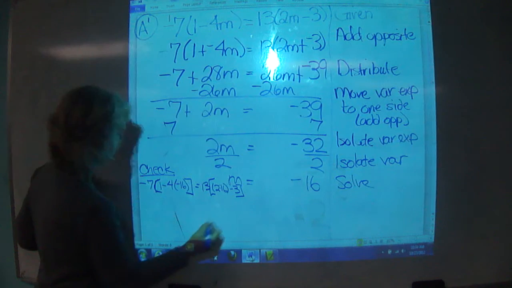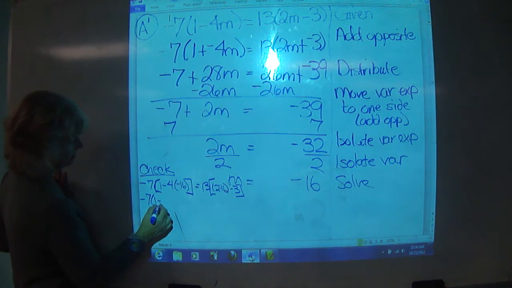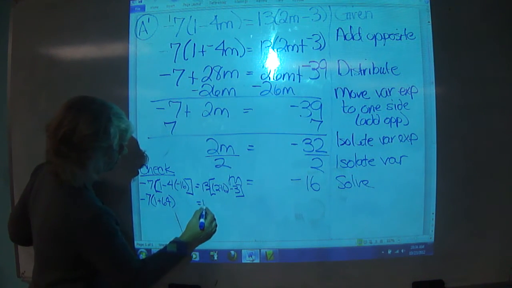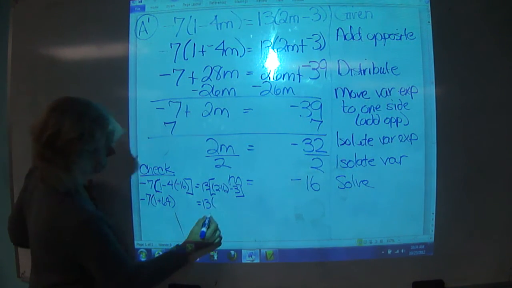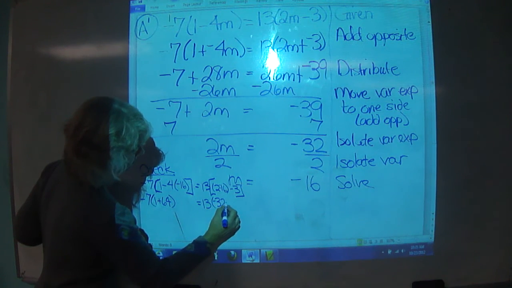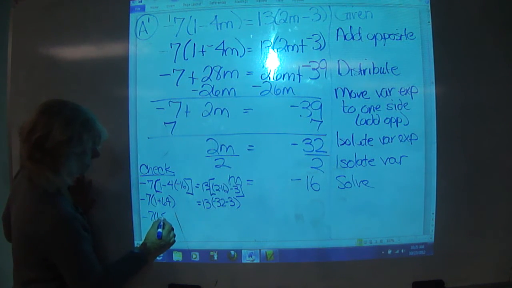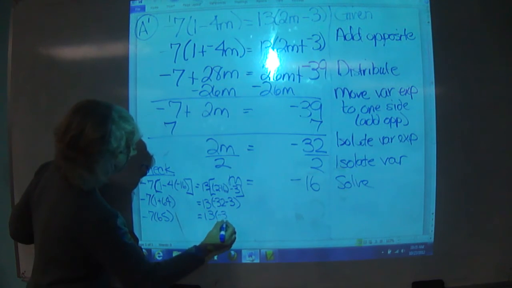So negative 7, 1 minus negative 64 is positive 64, equals 13 times negative 32 minus 3. So negative 7 times 65 equals 13 times negative 35.